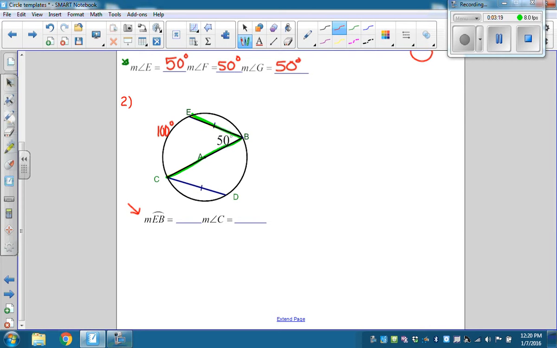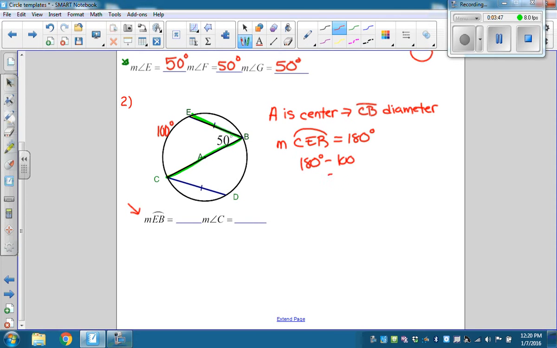One thing that I need to notice is A is the center. So CB is a diameter, and so the measure of CEB is 180 degrees. So 180 degrees, take away 100, gives me 80 degrees.